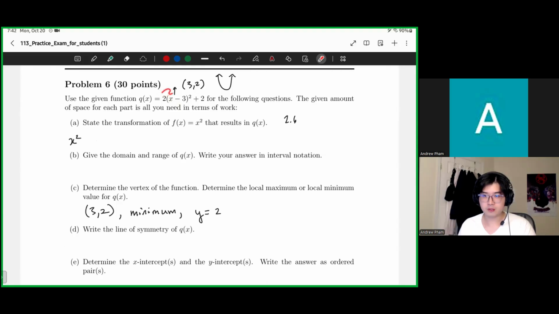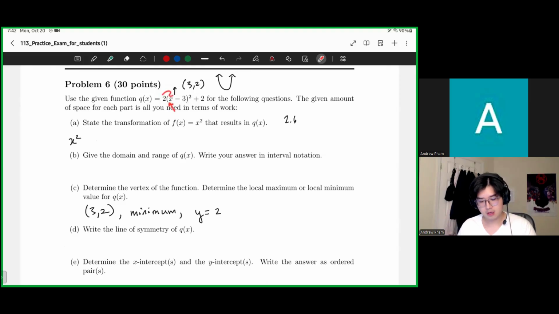In terms of horizontal transformations, it's whatever is happening to the x term, the input. So what do I see? There is no number in front of the x, so there's no horizontal scaling, no multiplicative transformation. The sign in front of x is also positive, so there's no horizontal reflection.